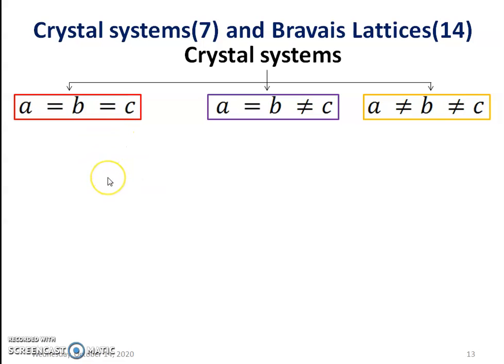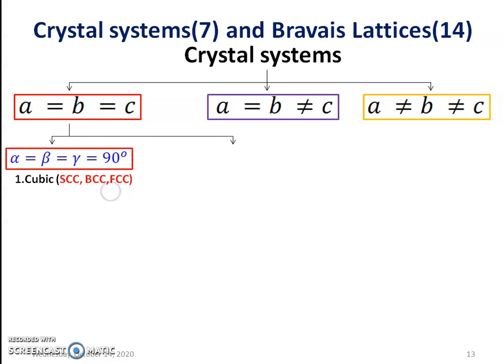Now in this crystal system, depending upon the angles between these three edges, there are two possibilities. One possibility is that all the angles are the same. When all the angles are the same, that is alpha is equal to beta is equal to gamma, which is equal to 90 degrees, such an arrangement is called cubic.